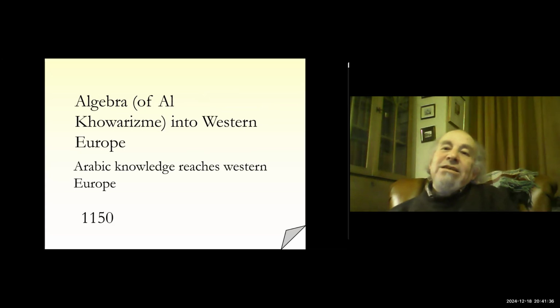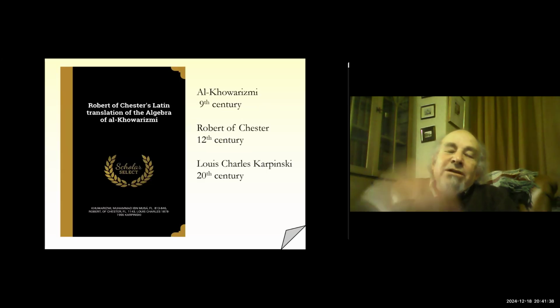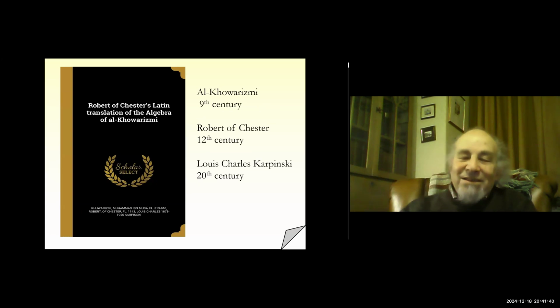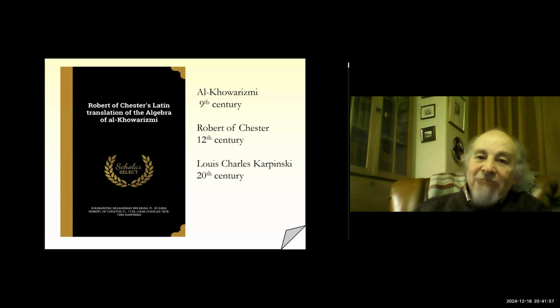Here again we see one of these areas where you can link across the history itself: you have Al-Khwarizmi from the 9th century, and there were a number of translations around. I've chosen to refer to this one in the 12th century by Robert of Chester, who did a translation from the Arabic into Latin.